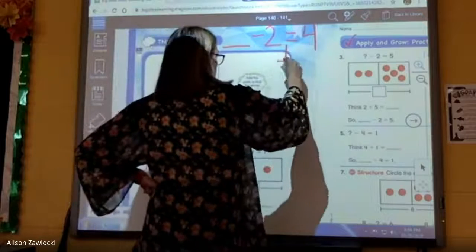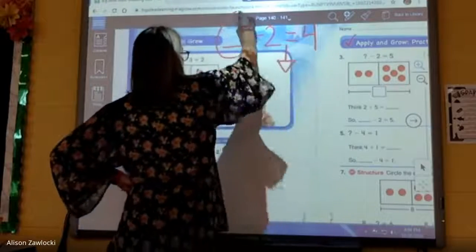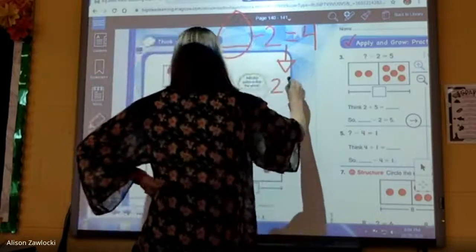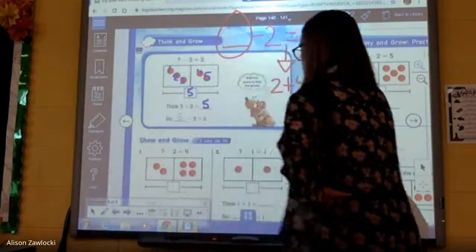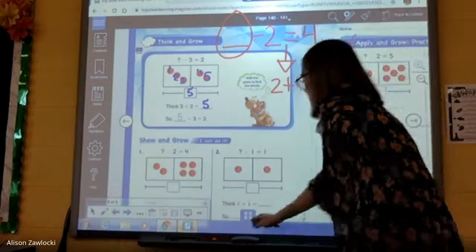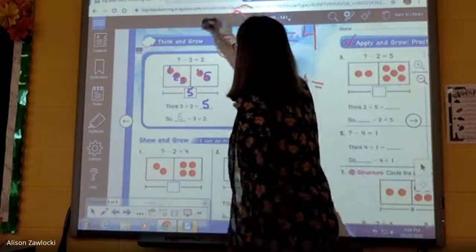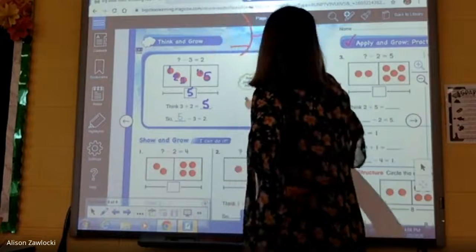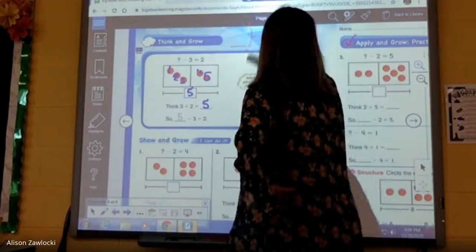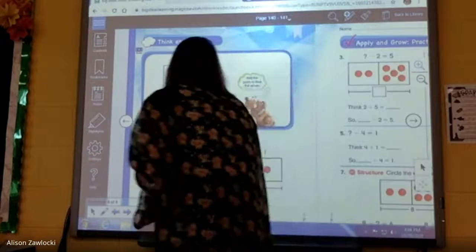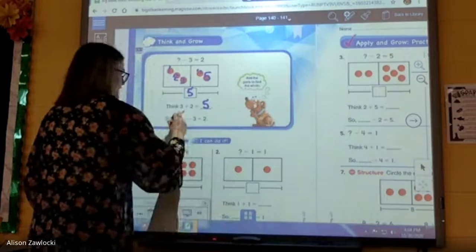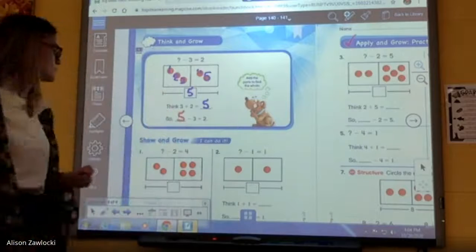I can figure out what this missing number is by doing 2 plus 4 equals, and I can find it out that way. That is a great way to figure out if I have my first number missing in a subtraction problem. So 5 take away 3 equals 2.